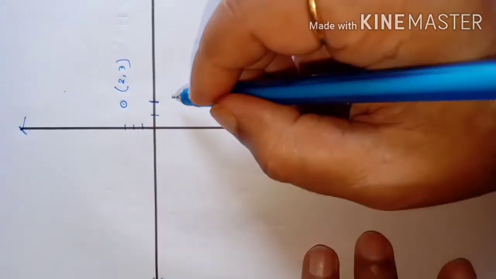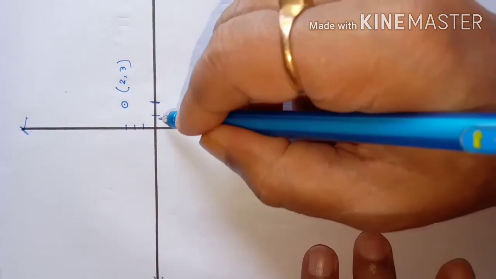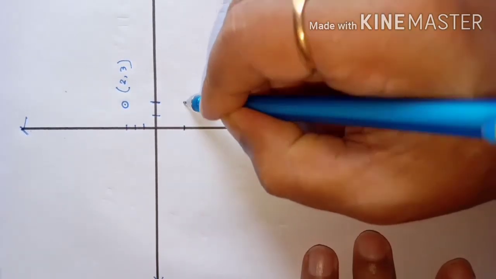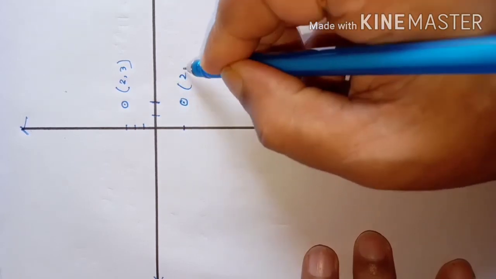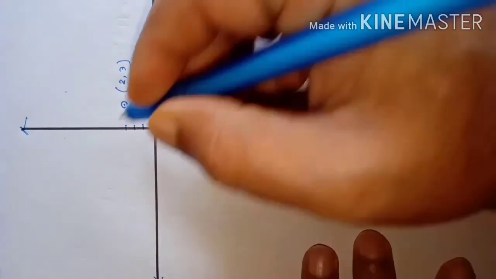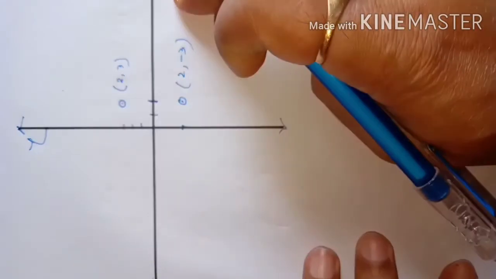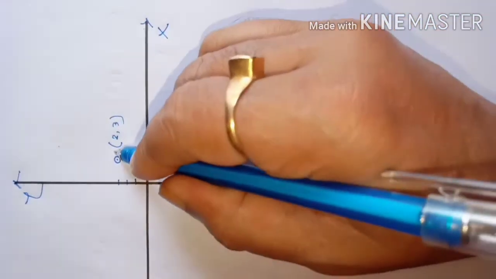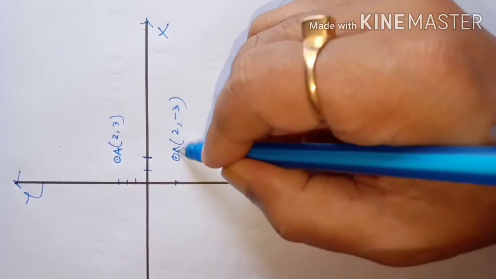If I have to express (2, minus 3) on the Cartesian plane, then (2, minus 3) will be here. This is the x-axis, and this is the y-axis. If we consider this x-axis as a mirror, then the image of point A will be here at A dash.